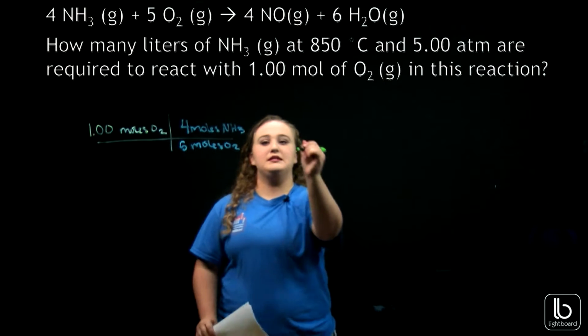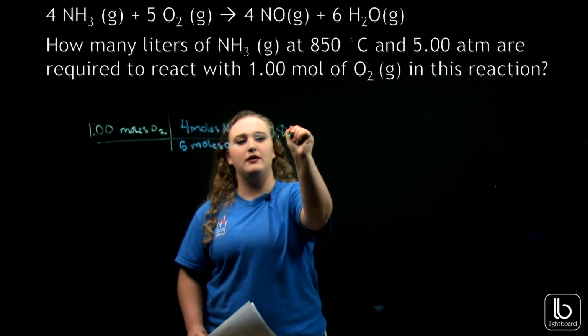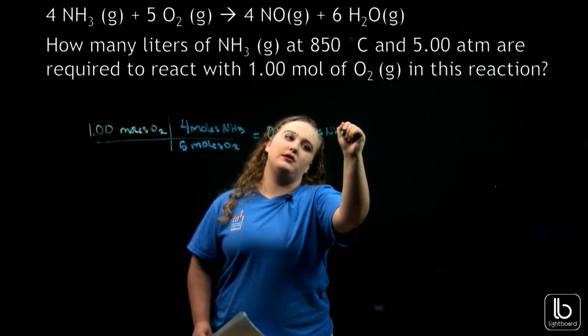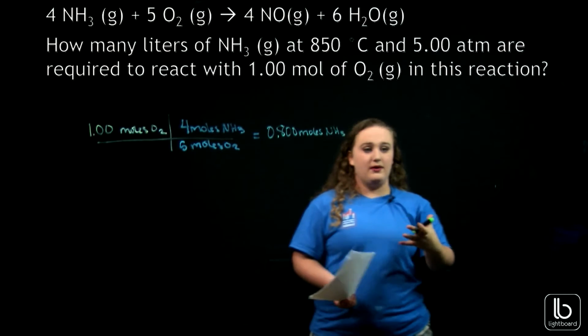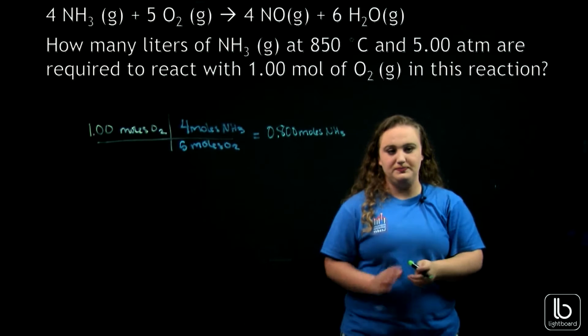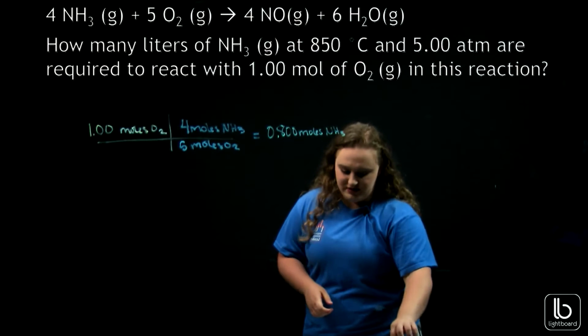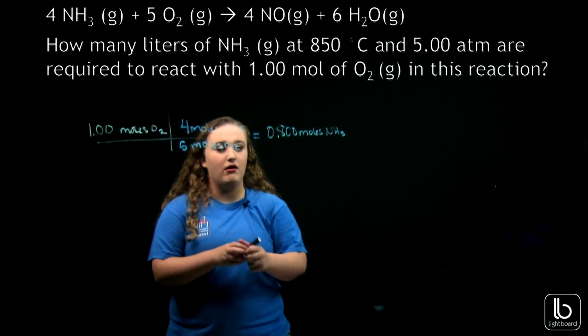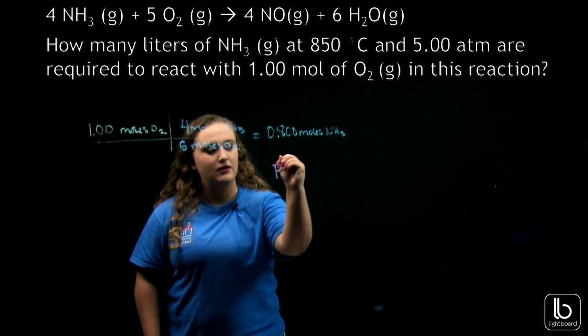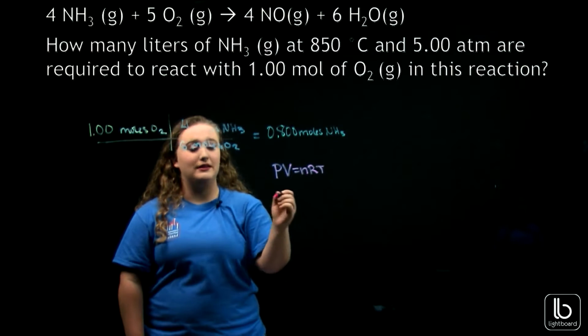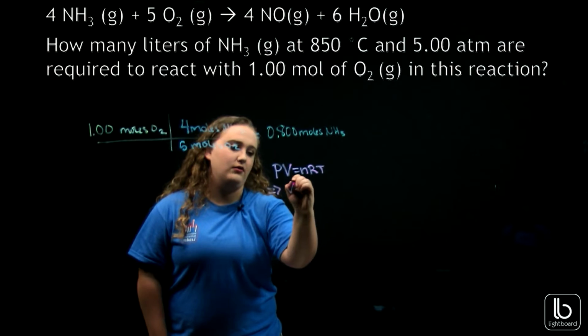So I'm going to get 0.800 moles of NH3 needed to fully react with 1 mole of O2. So now I have moles, and now I can look for how many liters that would be. Using our ideal gas equation, PV is equal to nRT, I'm trying to find liters, so I'm trying to find volume.